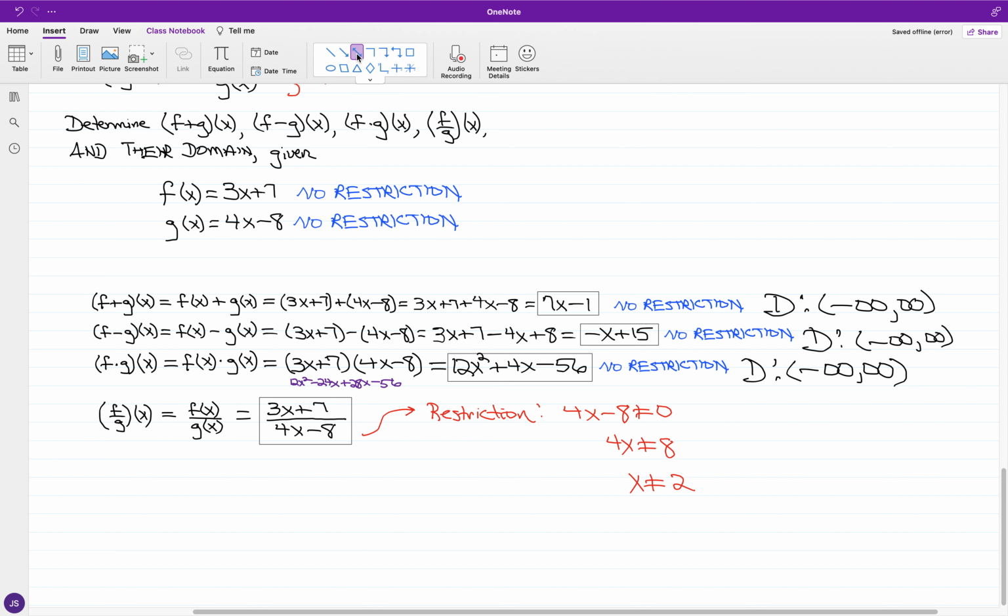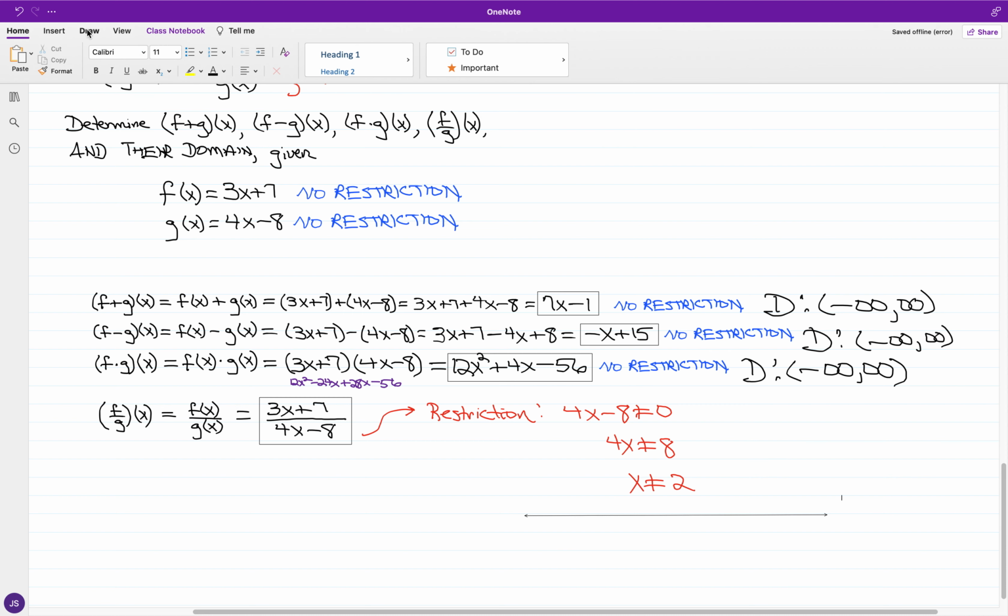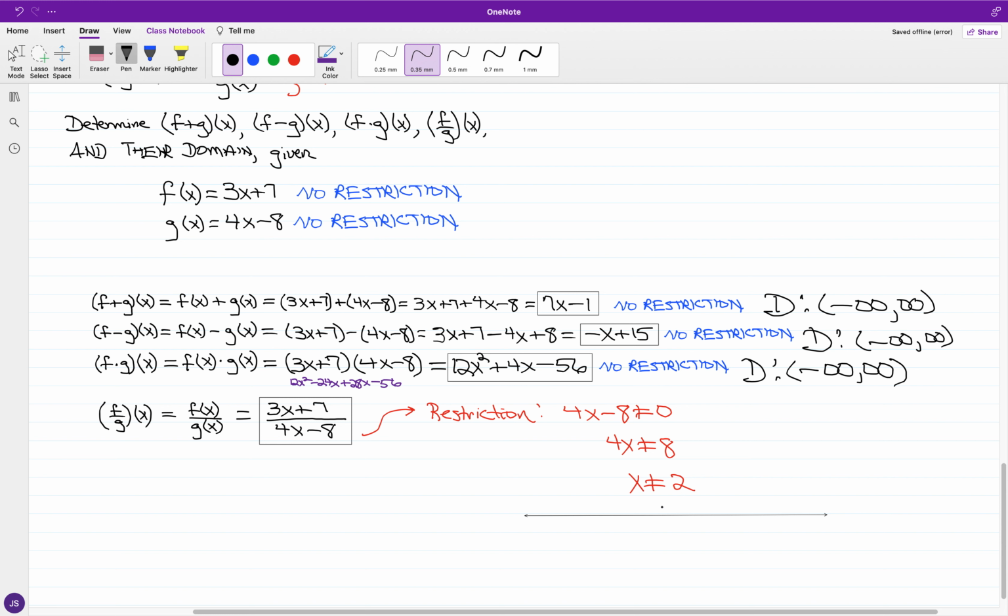And just kind of going back to interval notation. So there's only one value in x that'll be left out. Again, that is with the number 2.